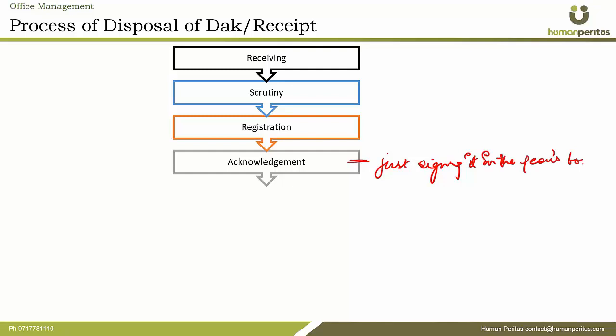The peon or the MTS staff, the multitasking staff, have their own book with whatever is received, what kind of dak is received, and all the details. So acknowledgement is done by the officer who has received the dak by signing it in the peon book. In case of e-office, the acknowledgement is done automatically by the system.